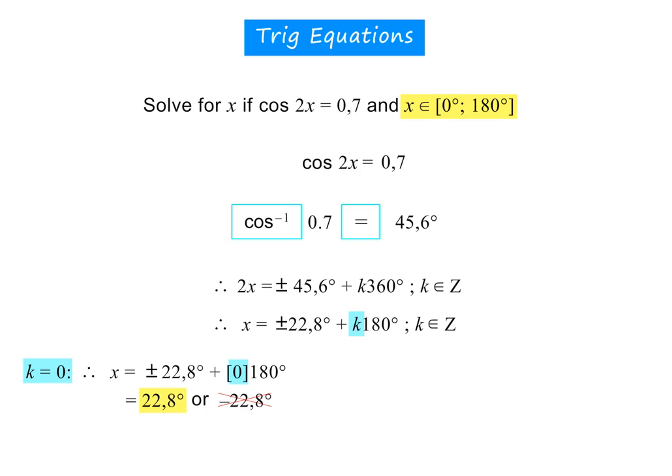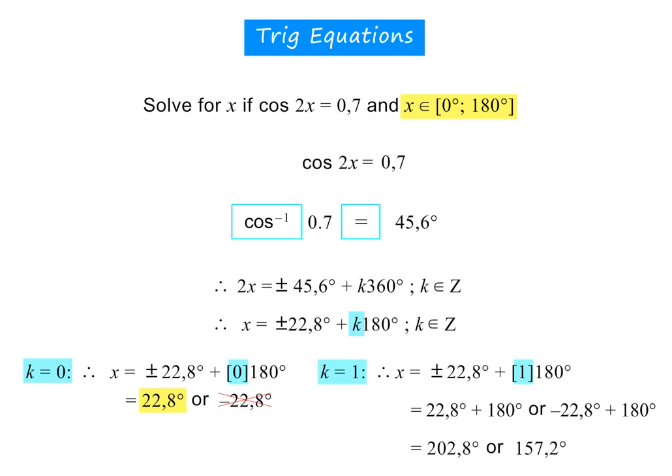The other angle is a valid solution because it lies inside the interval. If we let k equal 1, we again get 2 possible solutions. The first one is not valid because it lies outside the interval, but the second one is valid. This equation has therefore 2 valid solutions in the interval 0 to 180 degrees. This completes the question.